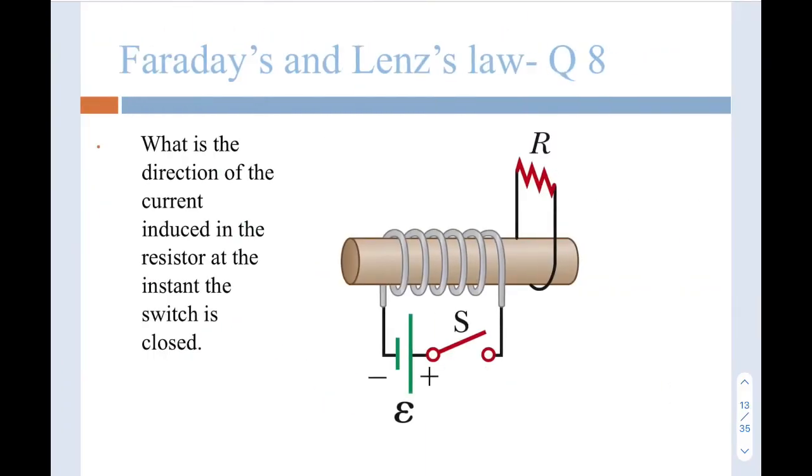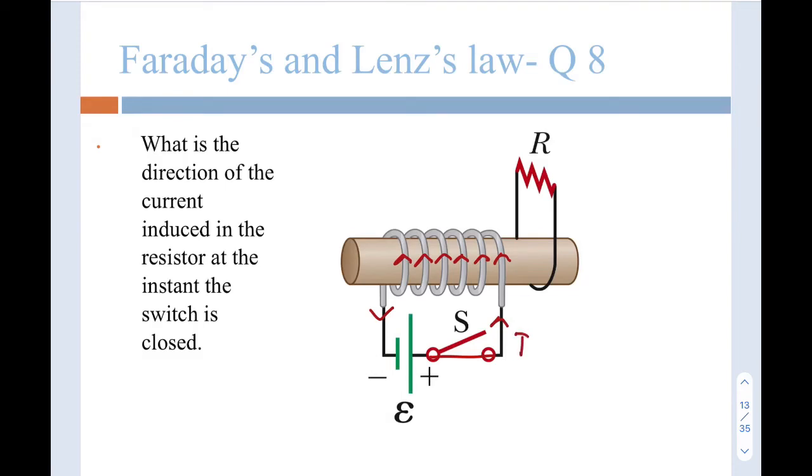Now question number 8, at the back: what is the direction of the current induced in the resistor at the instant the switch is closed? If the switch is closed, current is going to be established from the positive terminal and then enter the negative terminal.